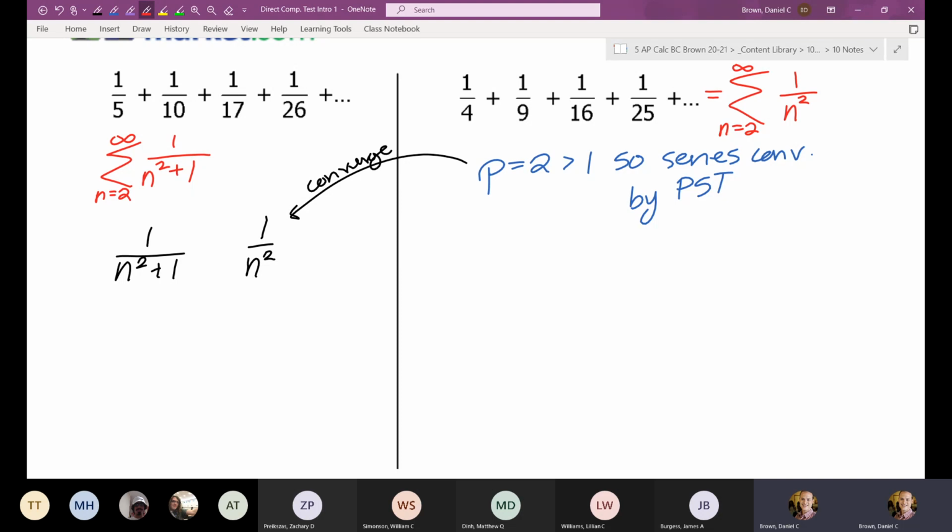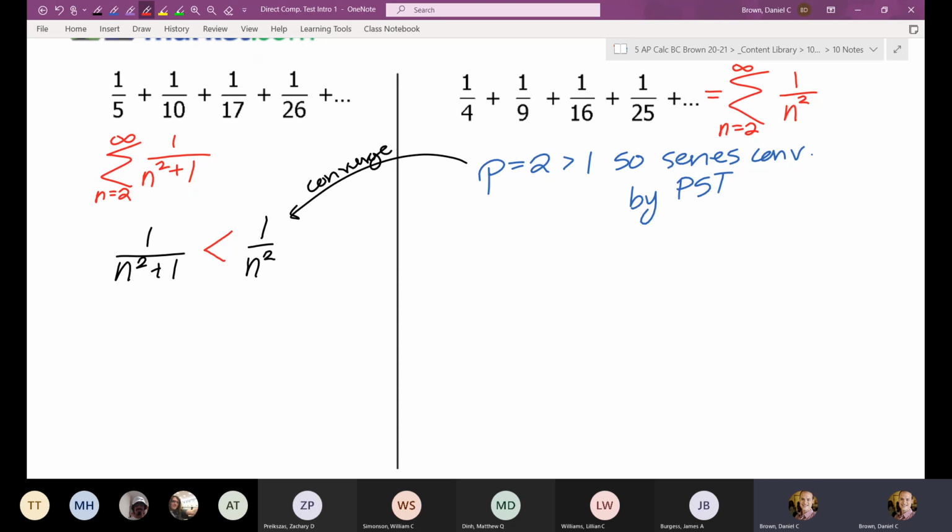But when your denominator is bigger, is your number overall going to be smaller or larger? Smaller. So I know that this expression is always going to be less than that expression. Some students like plugging in numbers just to test that first. You can. Just don't plug in 0, but plug in 1, 2, and 3, and you will see that 1 over n squared plus 1 is always smaller than 1 over n squared.